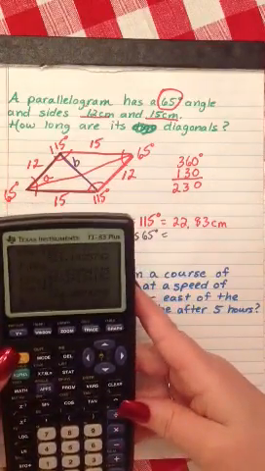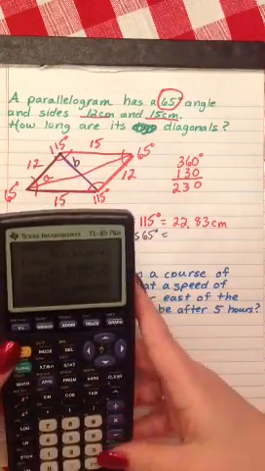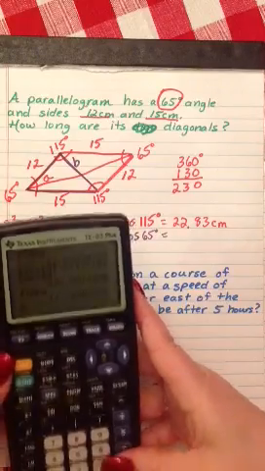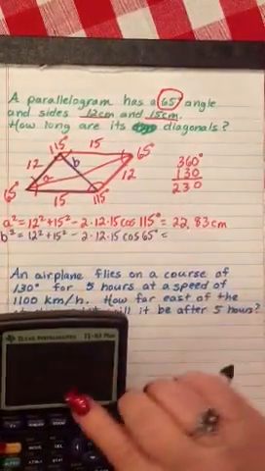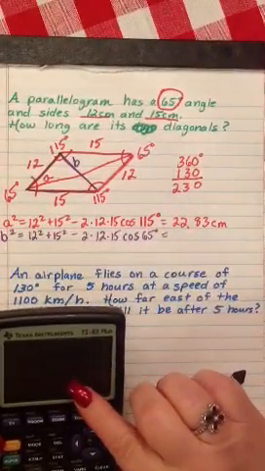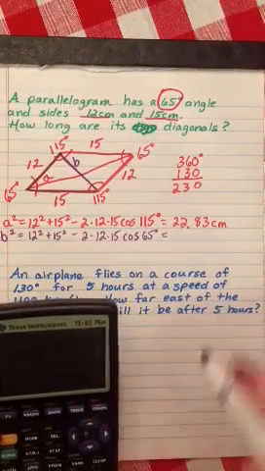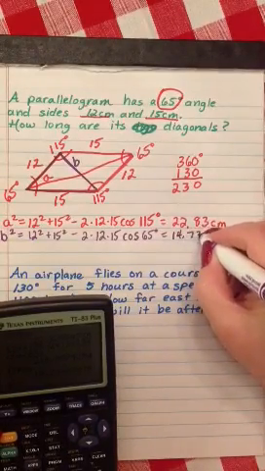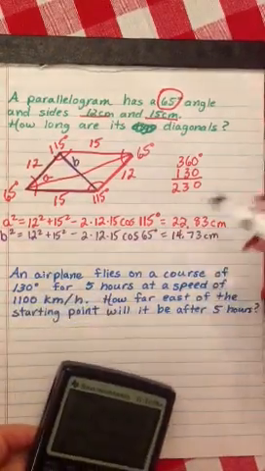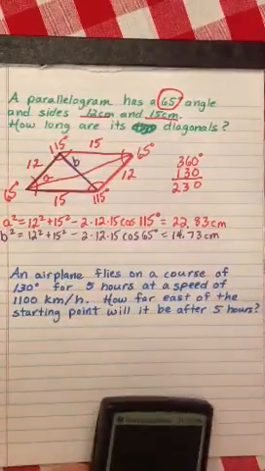And then remember you have to take the square root. So second square root, second answer. And I get 14.73. I'd like to go ahead and check my calculator just to make sure I typed it all in the way I wanted to. All right, so that looks right. So this should be 14.73 centimeters. So now I know both of the diagonals.